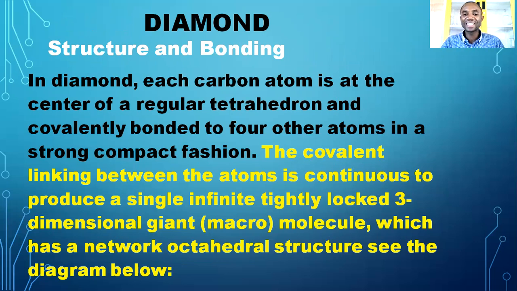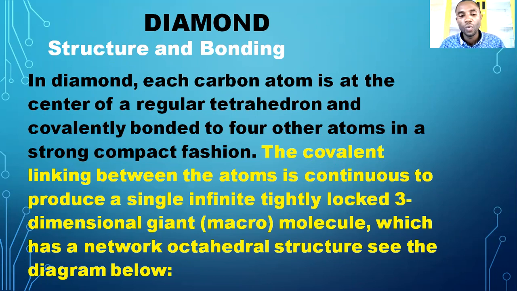The covalent linking between the atoms is continuous to produce a single infinitely long 3-dimensional giant macromolecule, which has a network octahedral structure, as we are going to see in the structure below. It has a giant 3-dimensional shape.